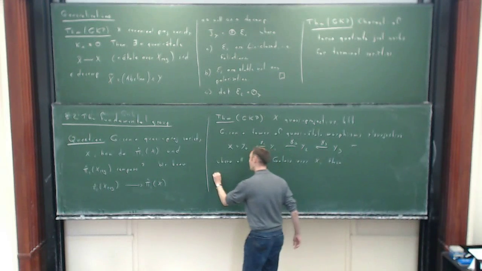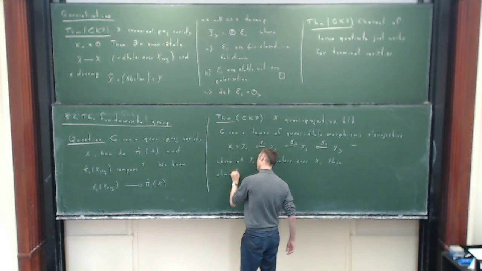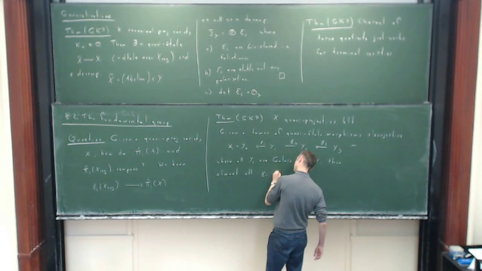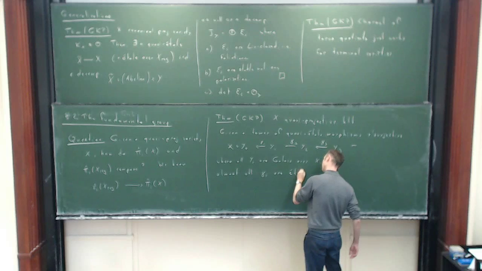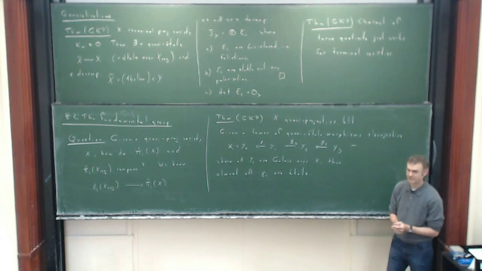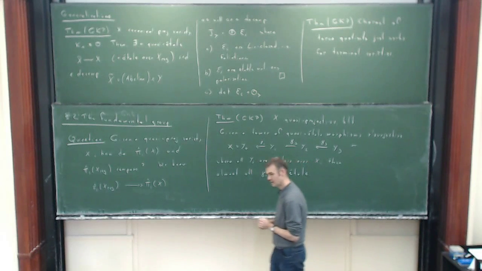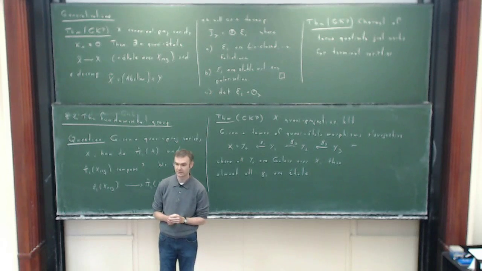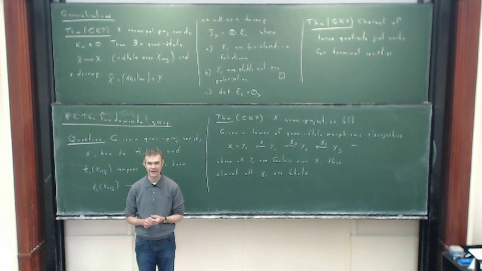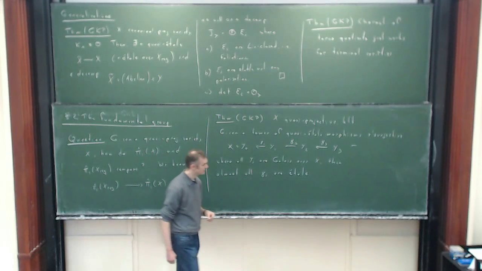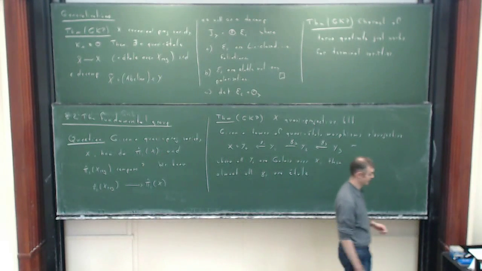Then almost all gamma i are étale. So quasi-étale means étale away from the singularities, or you could say unbranched in codimension 1.